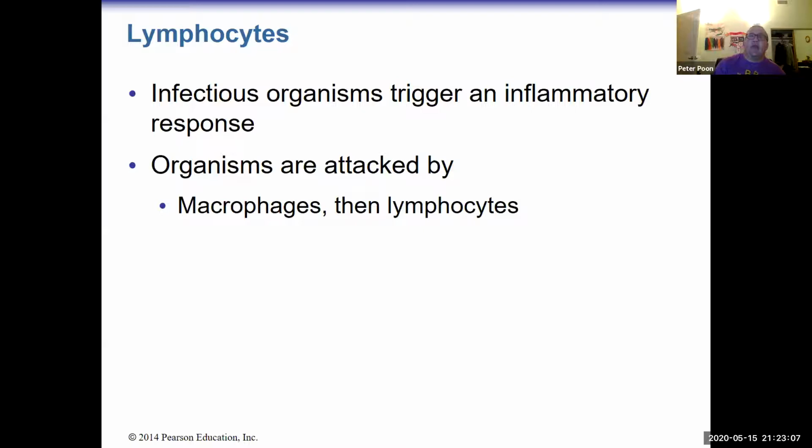The inflammatory response is the swelling, the heat, the pain, and the loss of function. Organisms are attacked by phagocytes, like neutrophils, and then macrophages, and then lymphocytes.